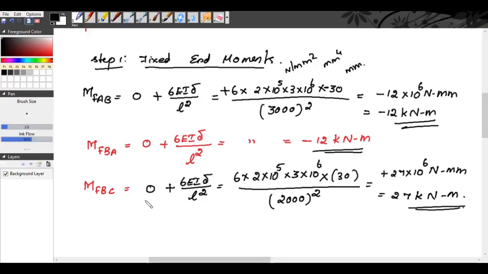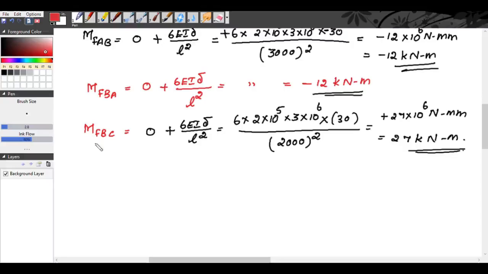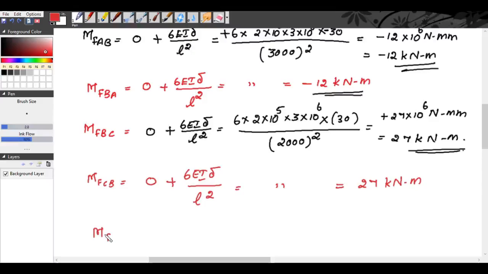Similarly, we will find the fixed end moment for the span CB. So MF CB is equal to, so that is also same, we don't have any external loadings, plus 6 EI delta by L square. So that is the same as 27 kilonewton meter. Now we will move on to the next span, third span, that is MFCD.